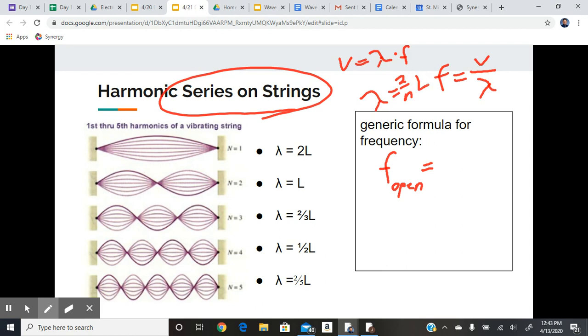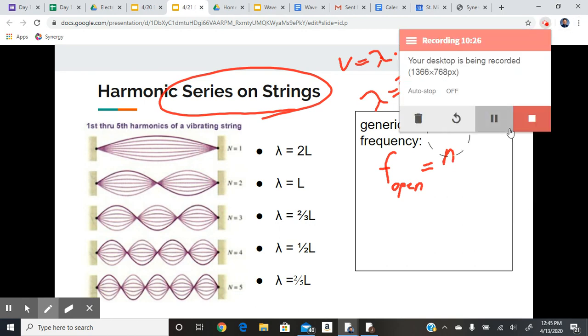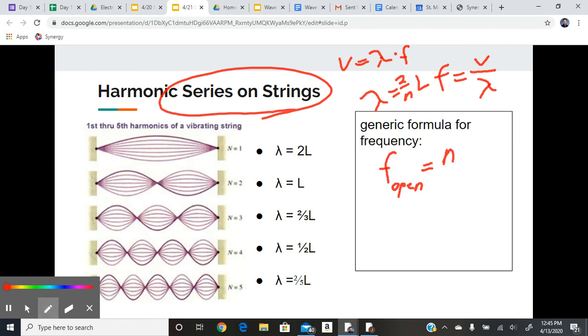Then the equation we will end up getting is n times v divided by 2 times L, or length of my string. So remember, this is going to be for either a standing wave on a string, or for finding the frequency of a wave going through an open tube.